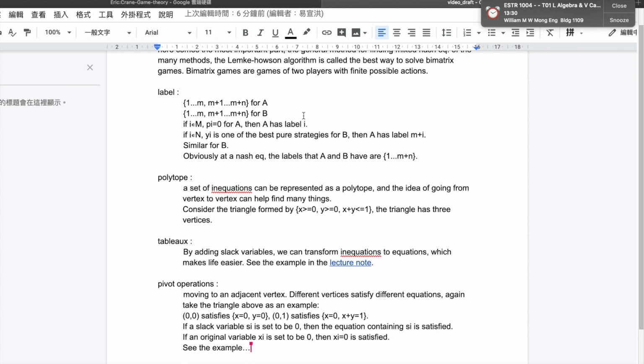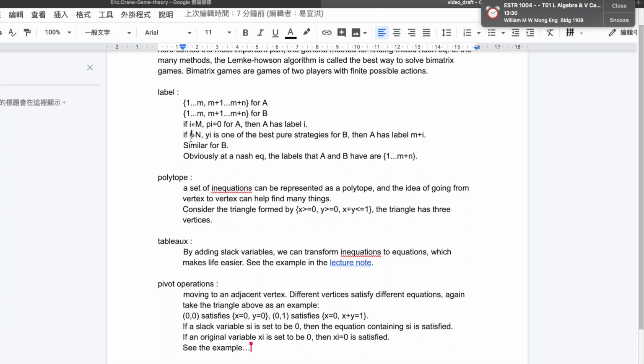So let me introduce some concepts first. Labels. Player A has possible labels from 1 to n plus n. Player B also has possible labels from 1 to n plus n. If i belongs to n and p_i equals 0 for player A, then player A has label i.